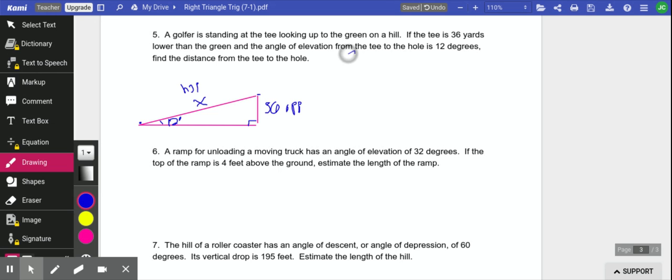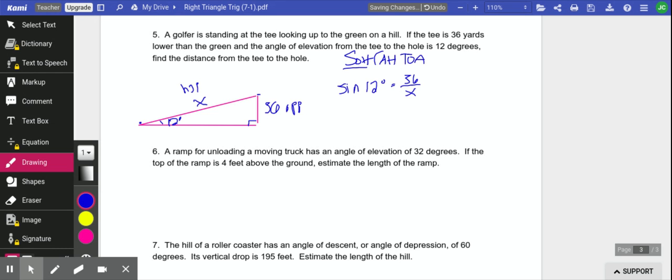So again, we want to think about SOHCAHTOA. Which one is opposite and hypotenuse? Well, that's clearly sine. So we'll say that the sine of 12 degrees is opposite over hypotenuse.